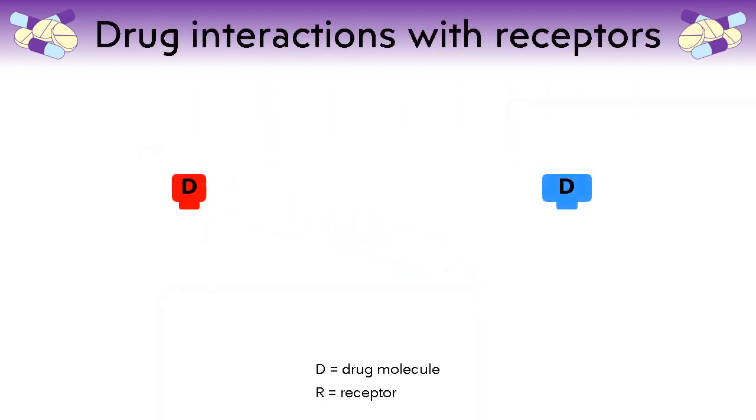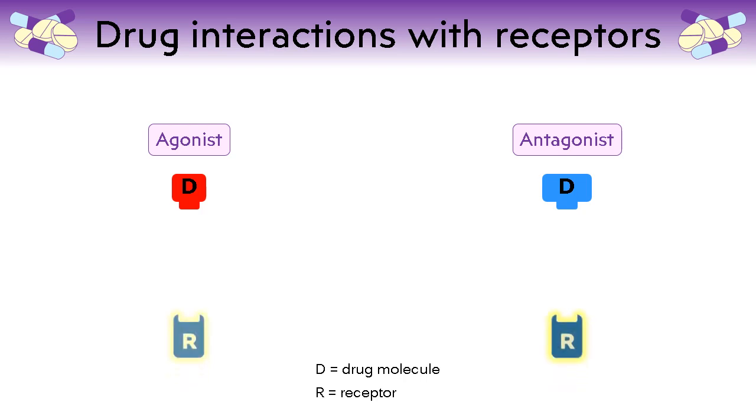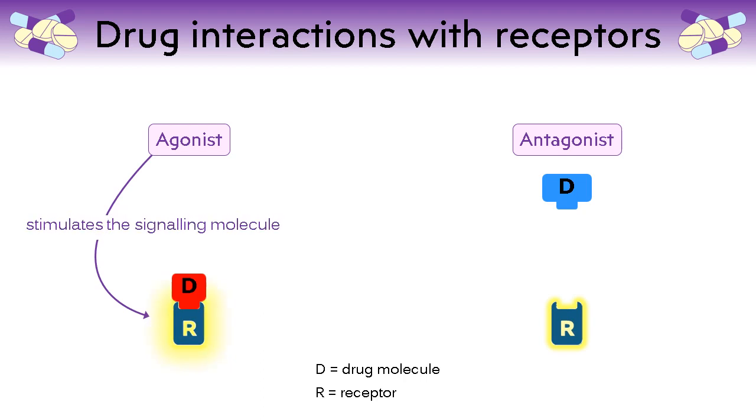In general terms, drugs can act as agonists or antagonists. Both have a specific molecular target or receptor. When an agonist drug binds to its receptor, it activates it. This stimulates the downstream biochemical pathways that lead to a change in the behaviour of the cell.